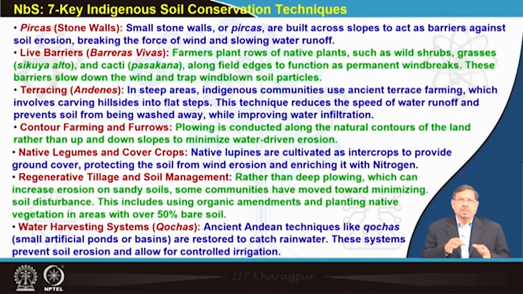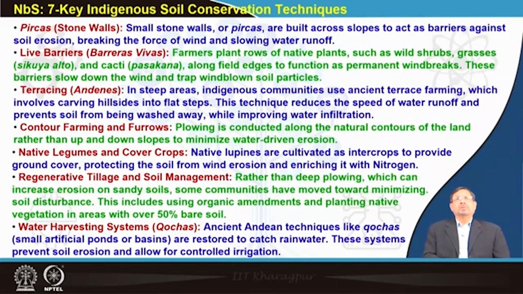Whatever small stones or pebbles are available near the agricultural land can be brought in, on the principle of nature based solution, and converted to small stone walls. These act as barriers against soil erosion, breaking the force of wind and slowing down the water runoff.